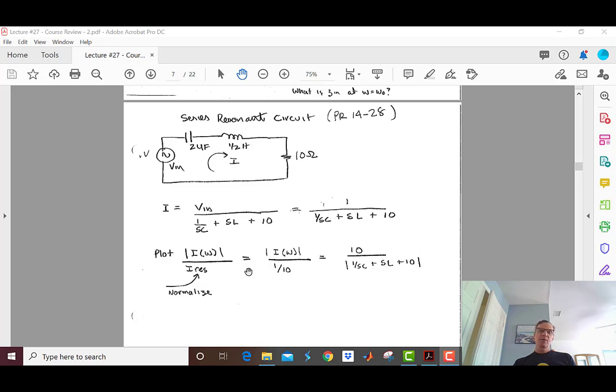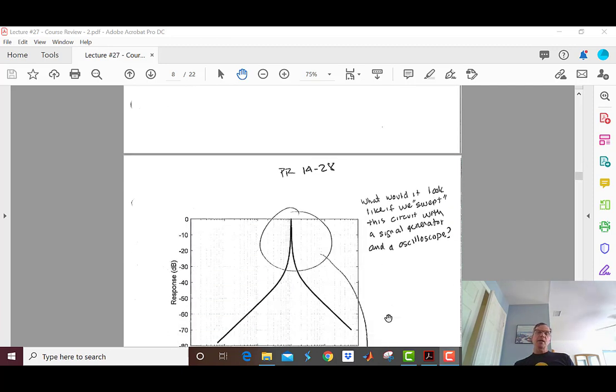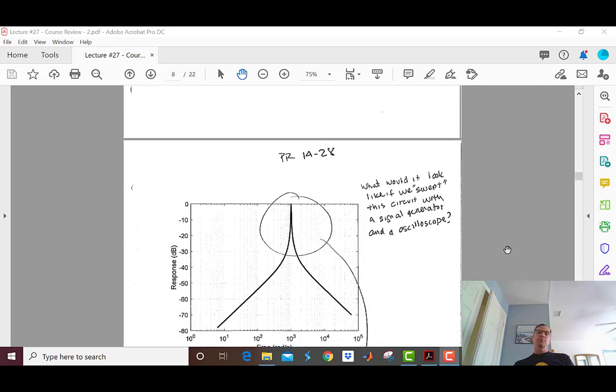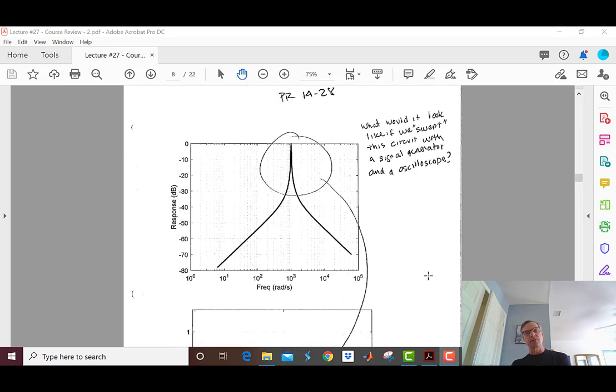And here is I of omega, which is just 1 over this absolute value. So here's the formula we want to plot. And I'm going to go into and use my little compute frequency response program that I've given you and posted on Blackboard a few times. And let's look at the response in the frequency domain.